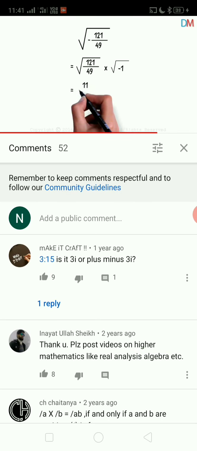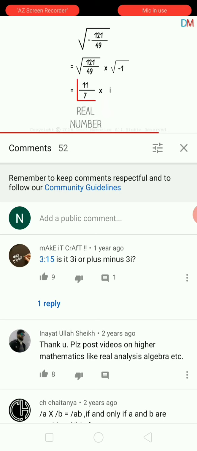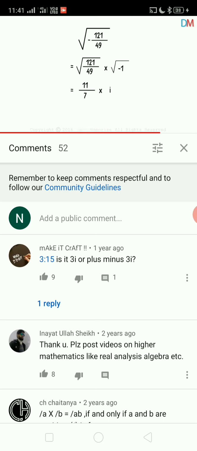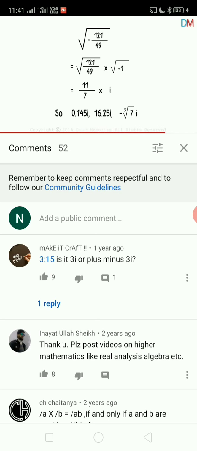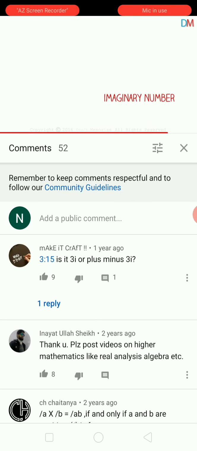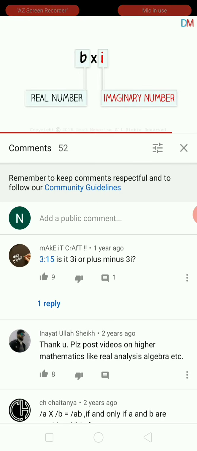We get 11 over 7 times I. It's a real number times I. So numbers like 0.145i, 16.25i, minus cube root of 7i are also imaginary numbers. An imaginary number is simply b times I, where b is a real number and I is the imaginary number.